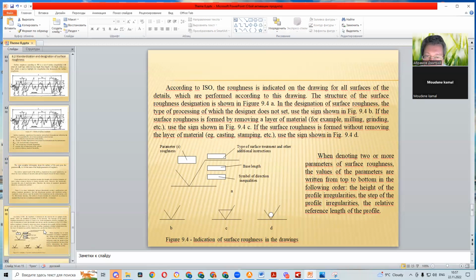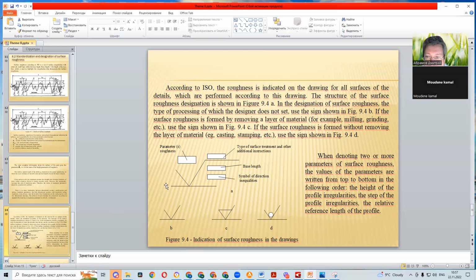According to ISO, the roughness is indicated on the drawing for all surfaces of the details, which are performed according to this drawing. The structure of the surface roughness designation is shown in figure 9.4a.